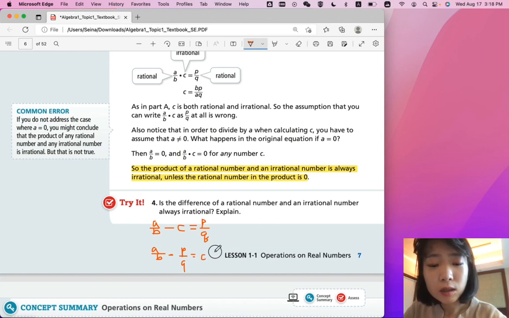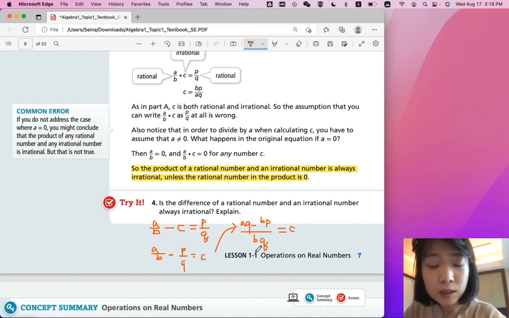And you know that this is going to be aq minus bp over bq. And this is a rational number because a, b, p, and q are integers where b and q are not zeros.